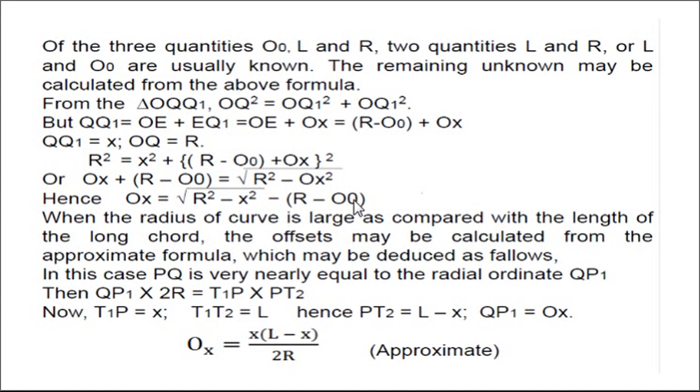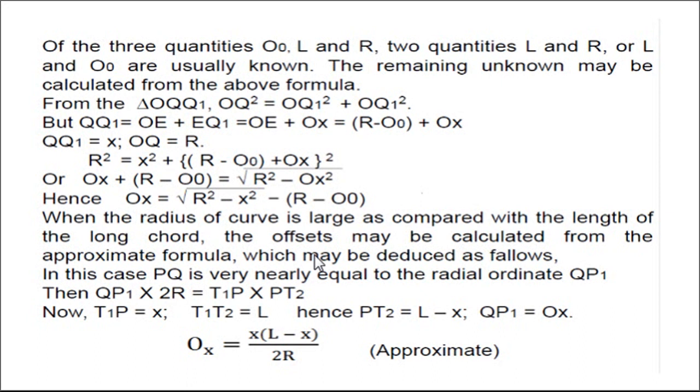So this is the final equation by which we can calculate the offsets at different distances by considering the value of X, say 2 meter, 3 meter, 4 meter, 5 meter, 6 meter, depending upon the length of the T1T2.